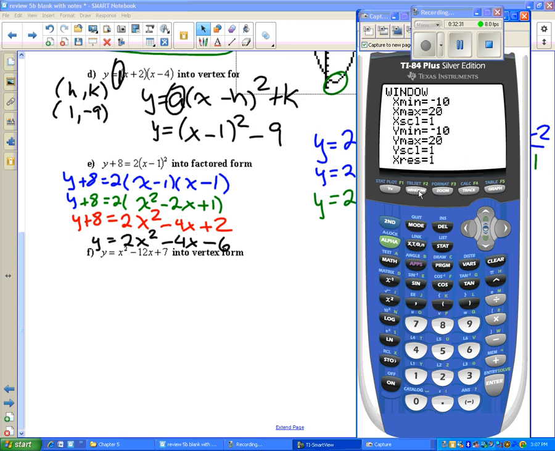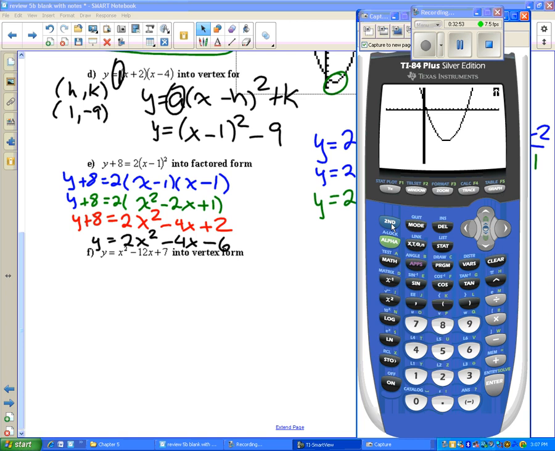So, okay, I need to make my y minimum. Let's make this negative 30. Now I can see that bottom point. I'm going to lower it even more. Instead of negative 30, let's go to negative 50. That's my y minimum. So now I have a good sight on that minimum.